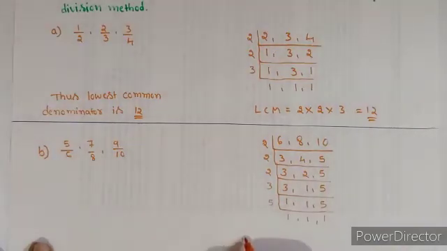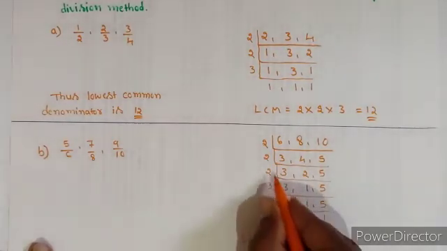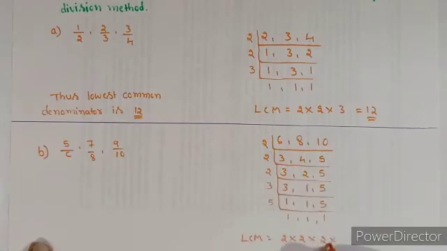So the LCM is equal to 2 into 2 into 3 into 5. 2 2s are 4, 4 2s are 8, 8 3s are 24, 24 5s are 120, right?